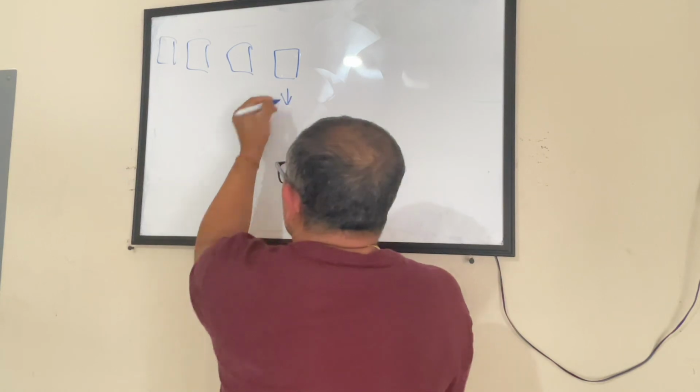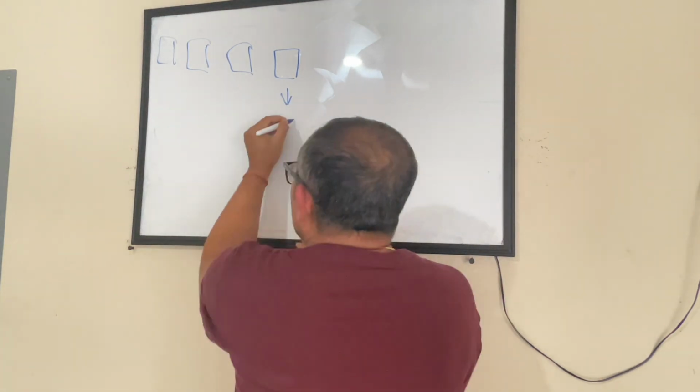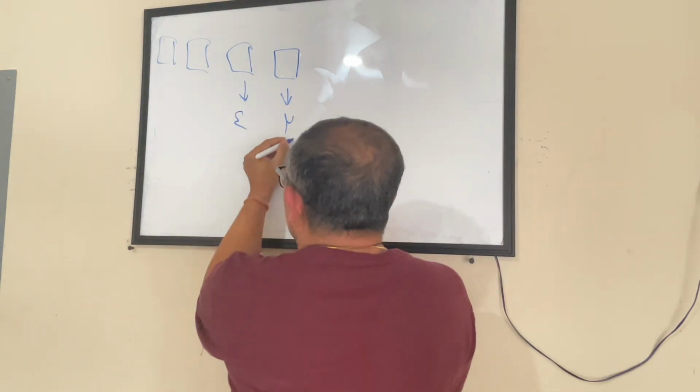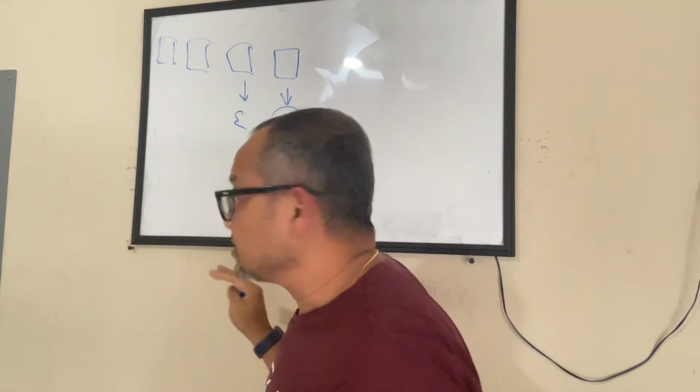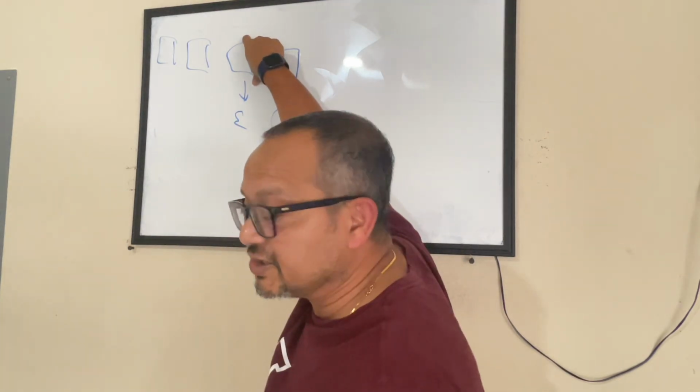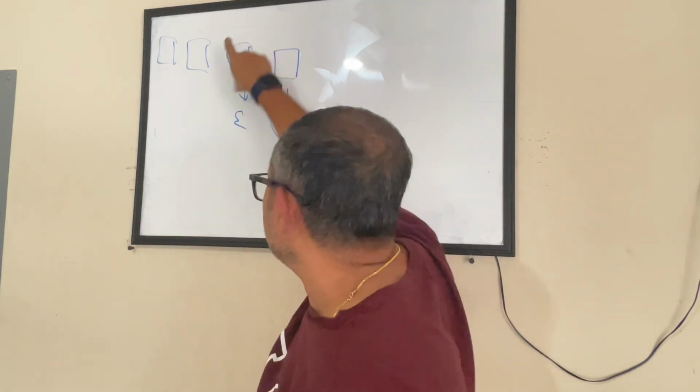The first chair I can pick in 4 different ways, if I have 4 people. For the second chair, I can make people sit in 3 different ways, because one person is already gone. So we are left with 3 people and 3 chairs, and when I'm trying to fill the second chair, I have 3 options to pick from.